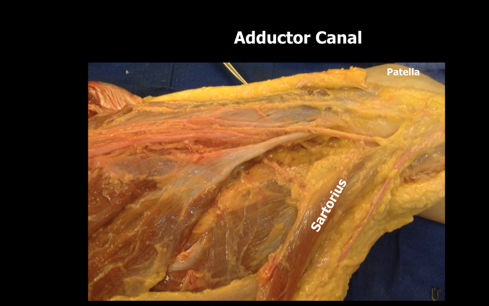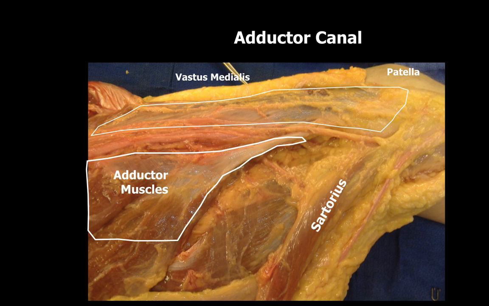After incising the fascia between the vastus medialis and the adductor muscles, the femoral artery is visible within the adductor canal as well as the saphenous nerve. The saphenous nerve is the terminal branch of the femoral nerve.